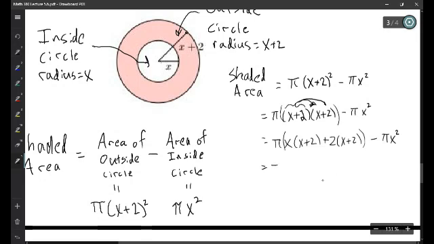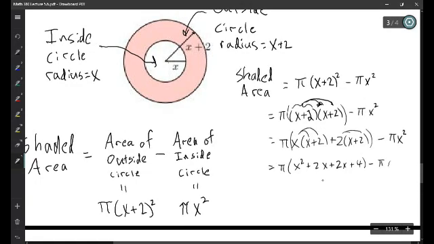Now we have pi times, here we distribute in and get x squared plus 2x. Here we distribute in and get 2x plus 4. You don't want to distribute that pi in until all the like terms have been combined. We have two like terms, 2x and 2x.